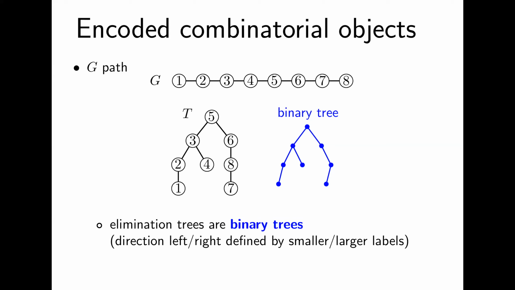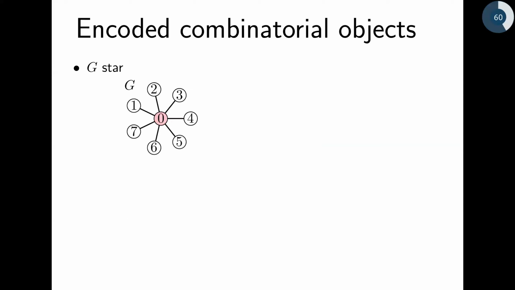So if I remove a vertex, then all the smaller labels, those are what I call the left subtree, and all the bigger labels, they are in what I then can consider the right subtree. So what left and right is, is induced by the smaller and larger labels. Okay, so elimination trees of paths are binary trees. And when I say I want to generate elimination trees, I implicitly say I want to generate binary trees, which is an interesting task maybe.